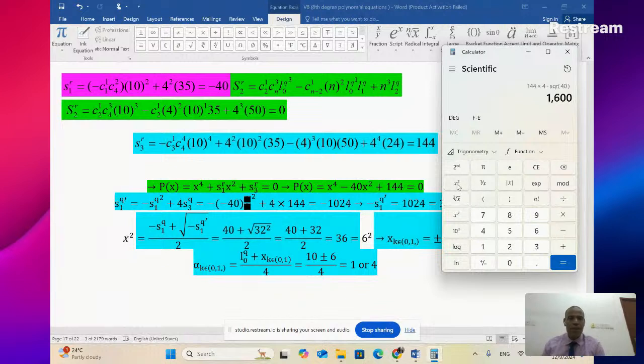Okay, this one in fact is equal to negative 1024. So you see this S1 cubed is equal to negative 1024. Means that you are going to multiply this by minus 1 to get positive numbers. Therefore, I will divide this by minus 1.